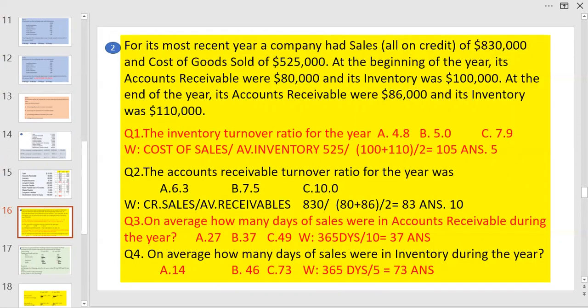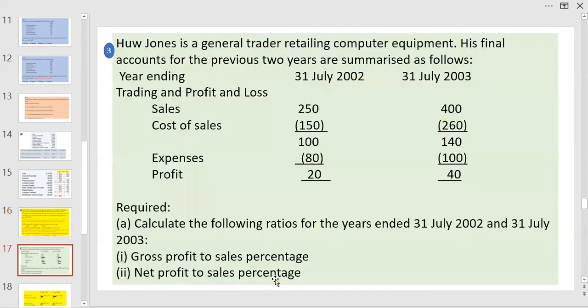Inventory turnover ratio, as answered in question 1, is 5. Therefore, if you divide 365 by 5, the answer is found, which is 73. The answer is C. Okay, now let's move on to the next question.